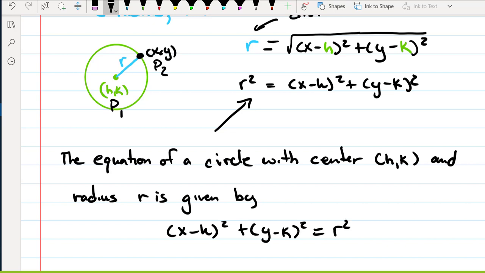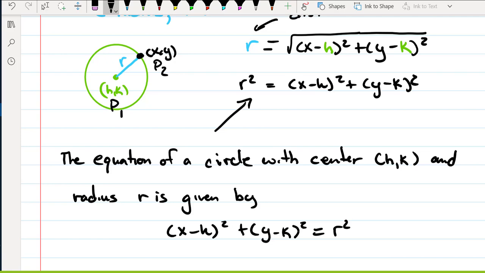So the equation for a circle is really just the distance formula wearing a hat and a scarf, right? Because a circle is the set of all points that are the same distance from the center to every other point. So if we put in the center and any point on the circle, the distance between those two had to be the radius.